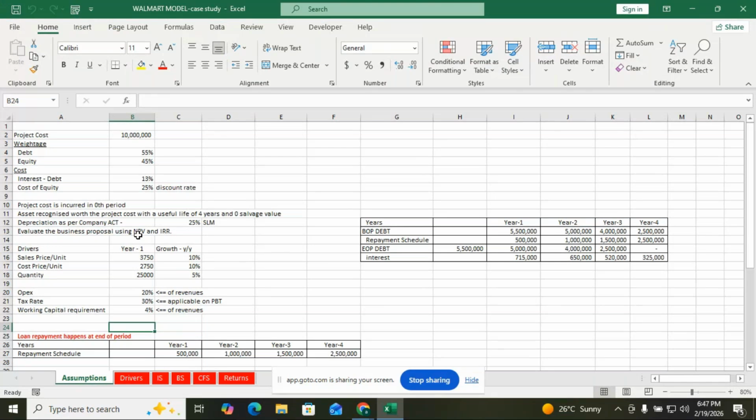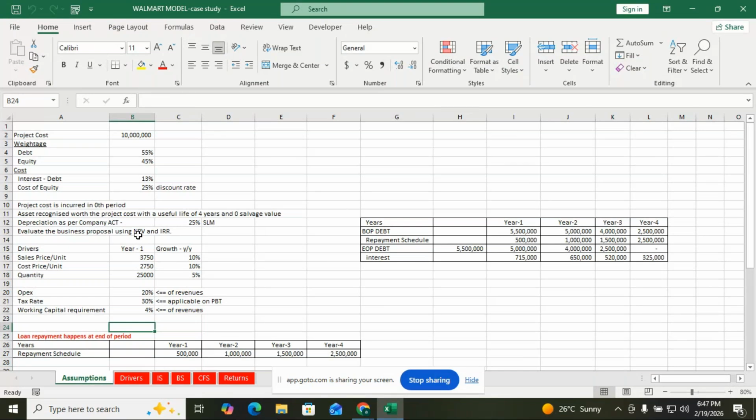So the total project cost for this project is around how much? It is 100 lakhs. Now, out of this 100 lakhs, how much loan is being sanctioned? 55% of the total amount is sanctioned as loan, and the remaining is raised by way of equity, which is 45%.